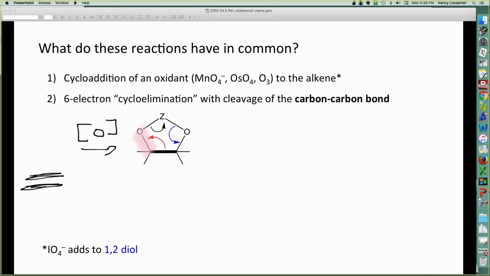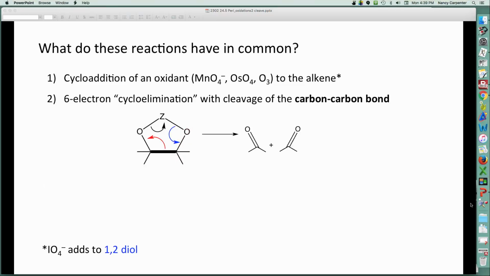Okay, so we've got all three of these electron movement arrows happening at once. The blue arrow is showing you that yes, I'm making a CO double bond on that carbon-oxygen bond there. And the bottom line is that bold sigma bond is being broken. So this is what you get. Cleavage, just like we said, boom, that is torn apart and you get the two carbonyls.